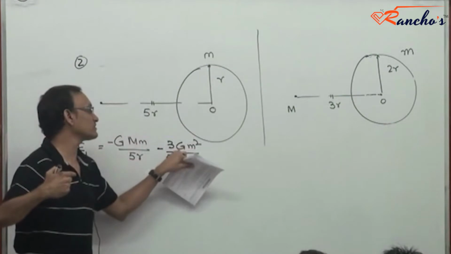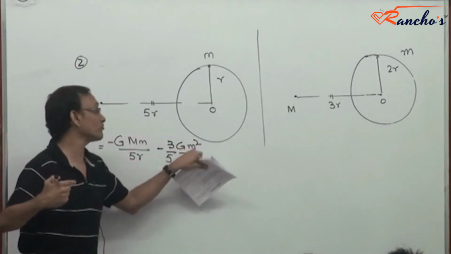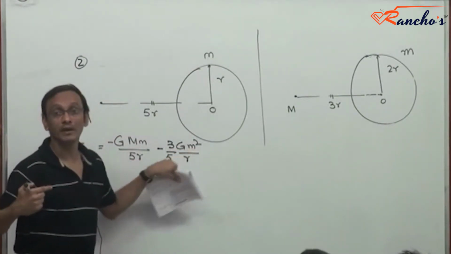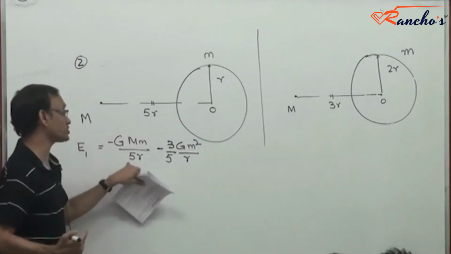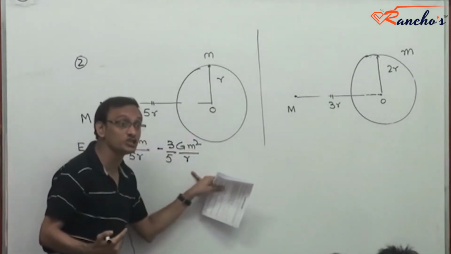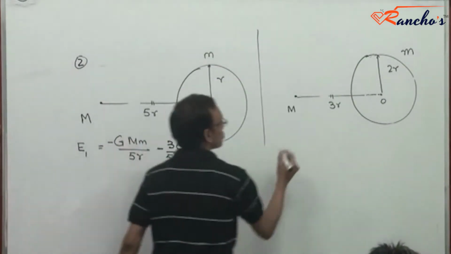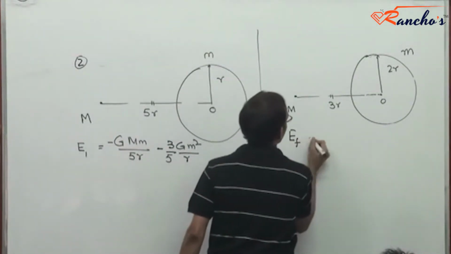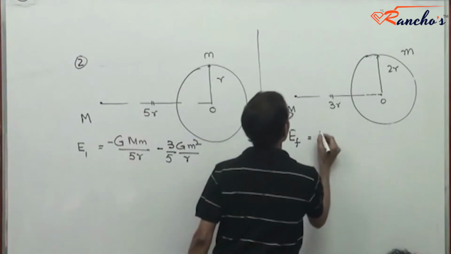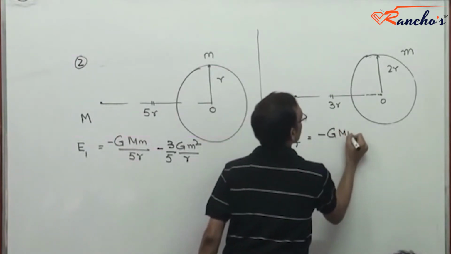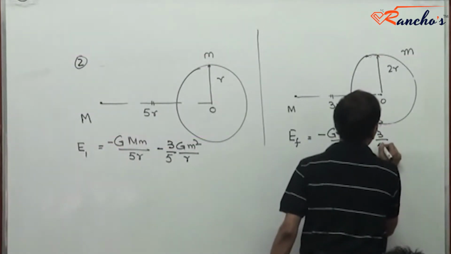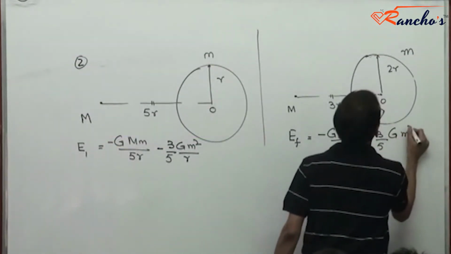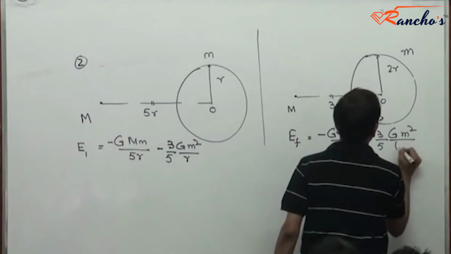Minus 3/5 Gm squared by r, that's the self energy. So this is the total potential energy initially, right? What's the total potential energy finally? Again, there is interaction energy, which is minus GMm by 3r, minus 3/5 Gm squared by 2r.